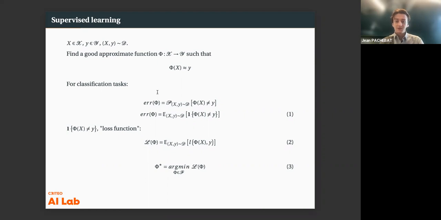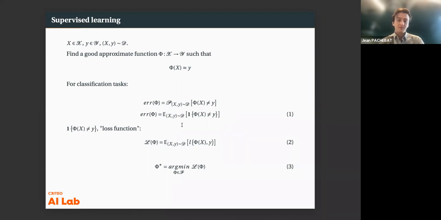For classification tasks, there exists a very natural way to measure how well our approximation performs, which is the generalization error, which essentially tells us in terms of probability how much our model is wrong. This error can be written in terms of expectation. And one way to see this expectation term is to introduce this indicator function as a loss function.